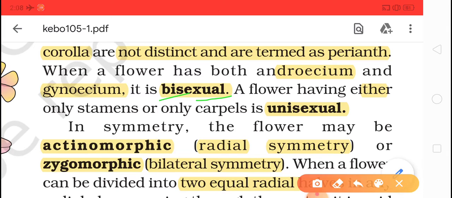When a flower has both androecium and gynoecium, both the reproductive parts in the same flower, it is called bisexual. Androecium is the male reproductive organ, and gynoecium is the female reproductive organ. So both are present in a single flower, and this flower is known as bisexual.